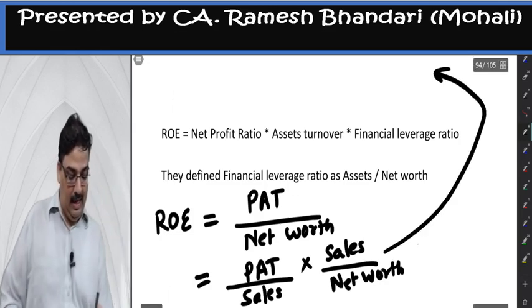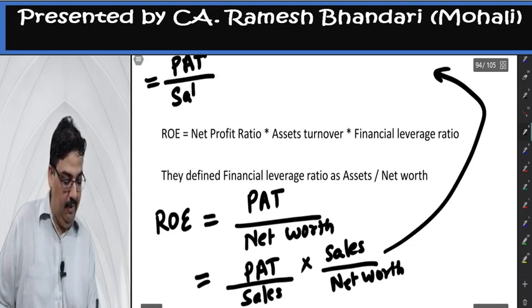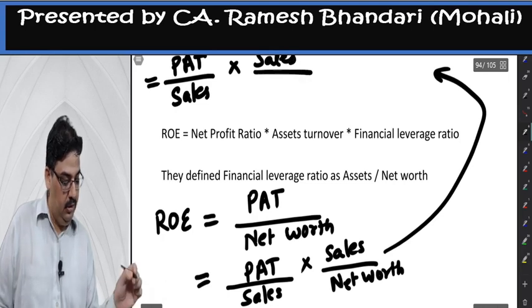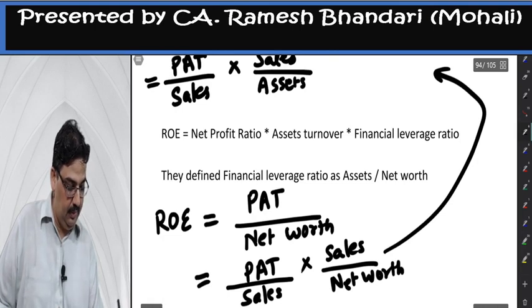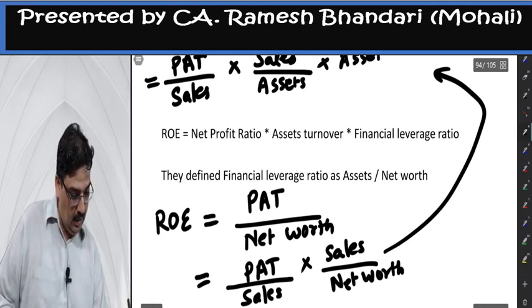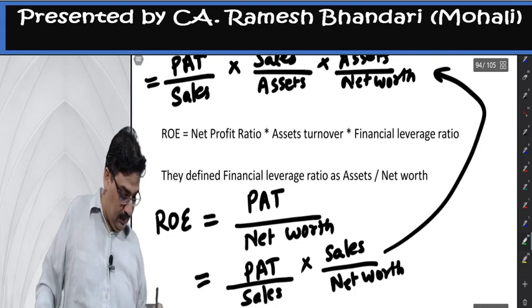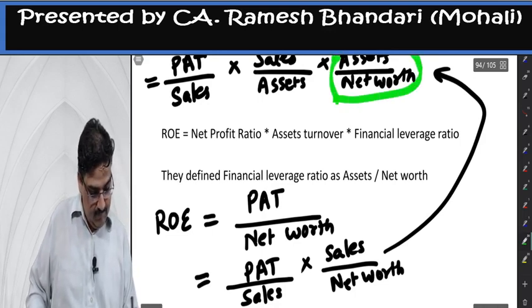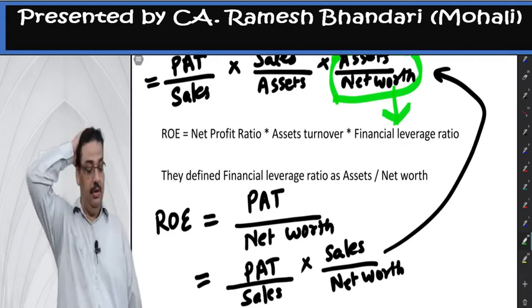Further, we can write it as PAT divided by sales, sales divided by assets multiplied by assets divided by net worth. They called this ratio the financial leverage ratio. That is their definition.